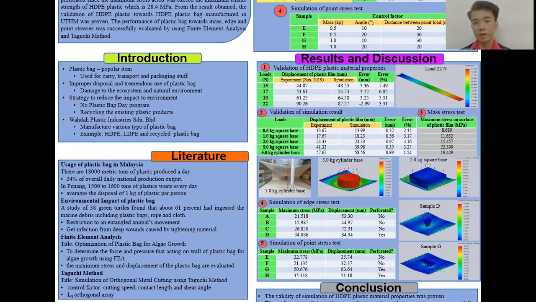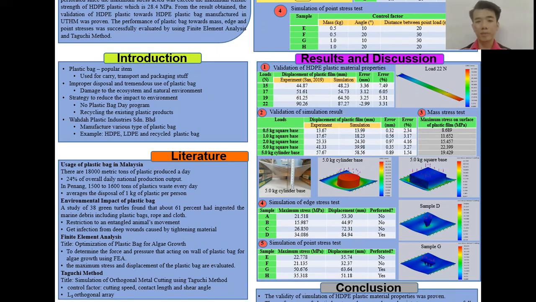The first one is validation of HDPE plastic material properties. As we can see, the table below shows the experimental result of the previous study compared with the simulation result. And we can notice that when the load applied was higher, the displacement of the plastic bag will be longer.